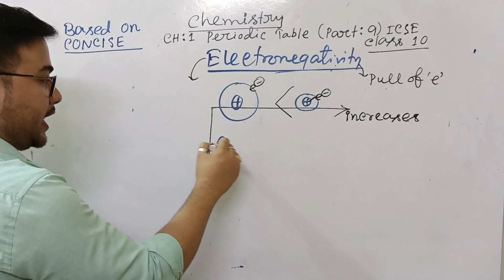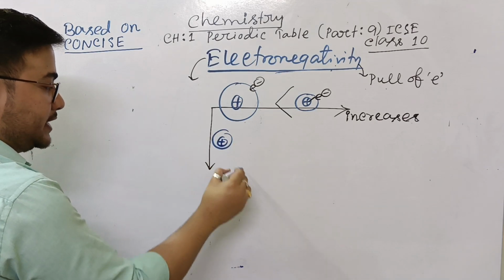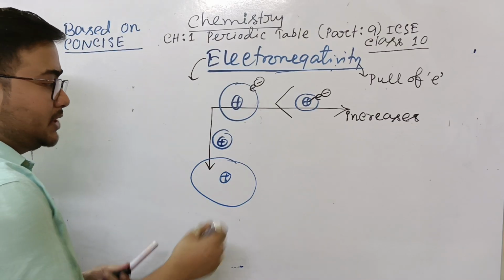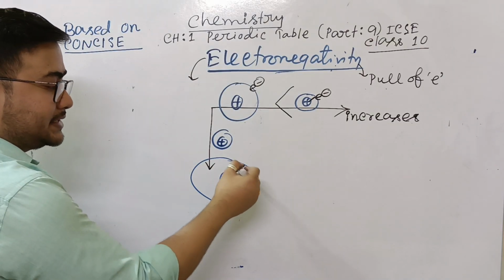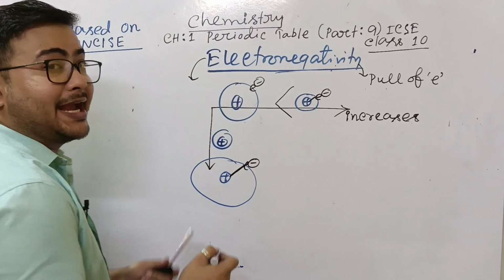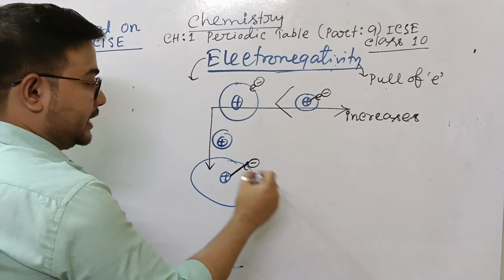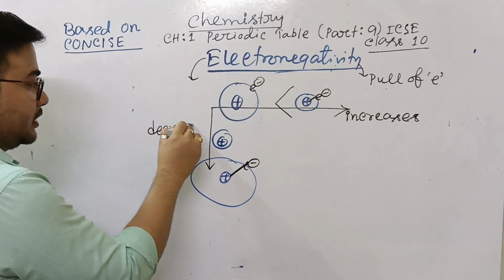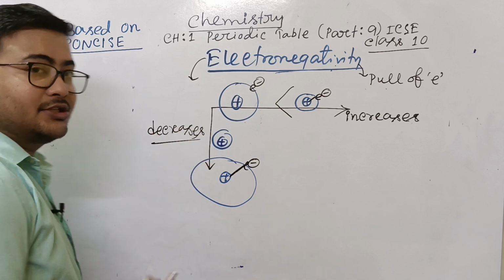All of you know, as we move downwards, radius increases. Same concept: if the radius increases, the distance is more, so it has less power, and less power means it cannot pull the electron. So as we move downwards, electronegativity decreases. What is your answer?